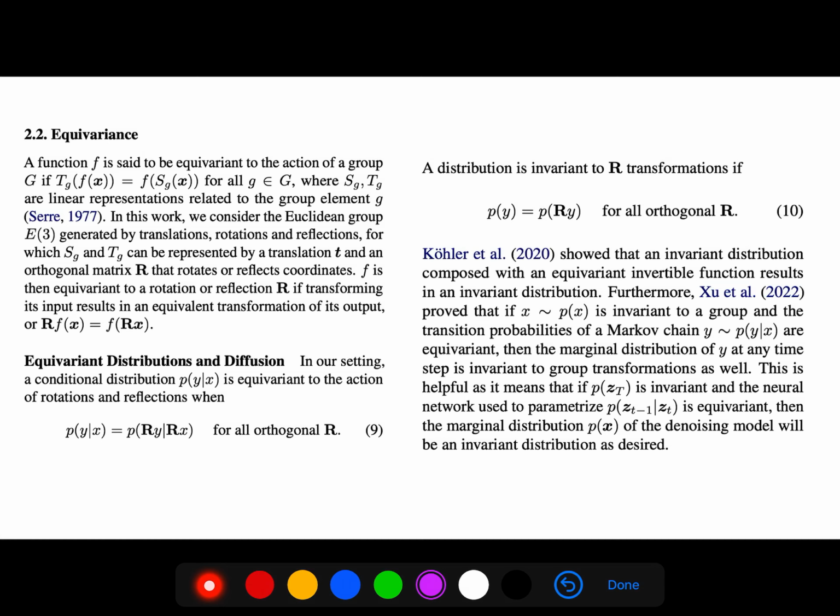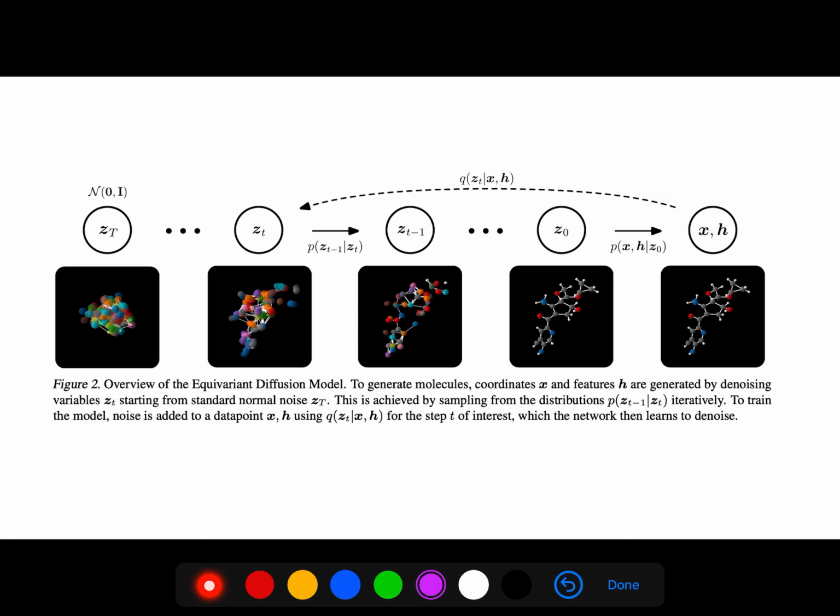Their main contribution is just this equivariance idea, this orthogonal R. For any orthogonal R, this relation holds. And they implemented it using equivariant neural networks that I've explained in the playlist for graph representation learning, several ideas to do that.